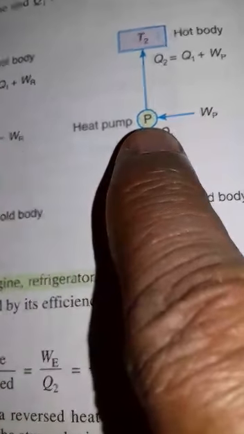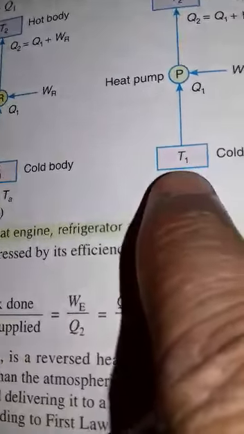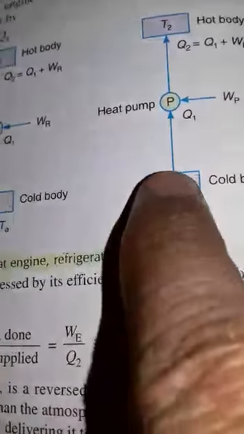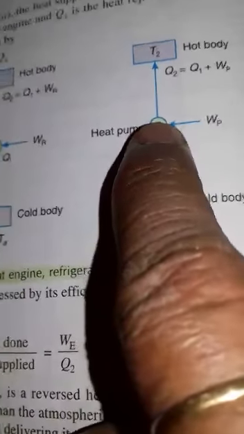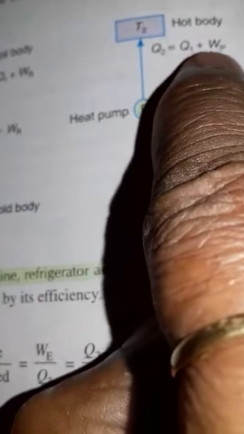Work here also being supplied to the heat pump, and we get that the cold body T1 and hot body T2. Heat from the cold body is being transferred to the heat pump and that goes to the hot body.